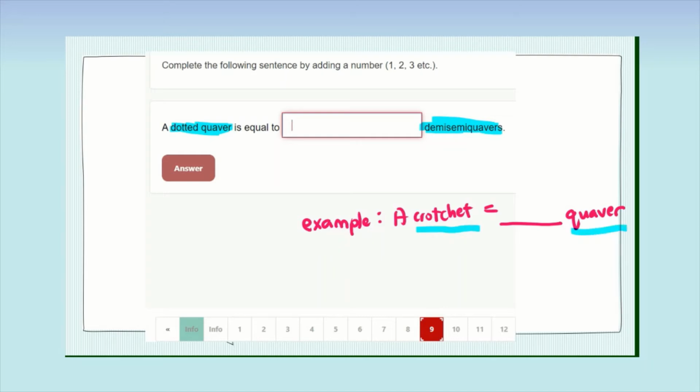So in my working paper, I will draw crotchet is 1 count and quaver is half a count, so that I know I need to cut the crotchet into two, and then I can count 1 and 2. So my answer is 2 quavers. This is just the example, this is not the answer. You have to work out this question by yourself.